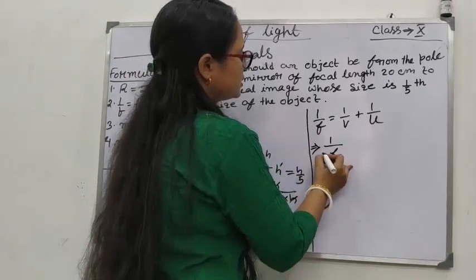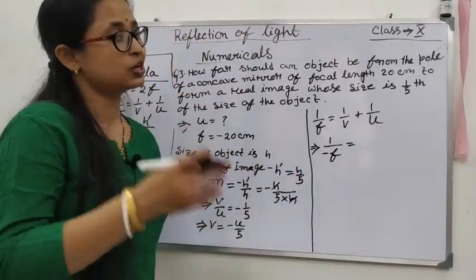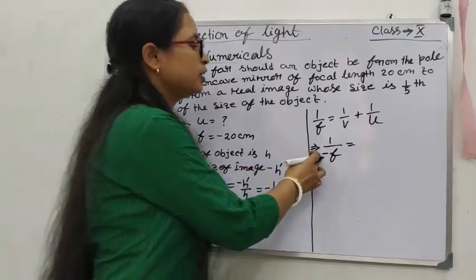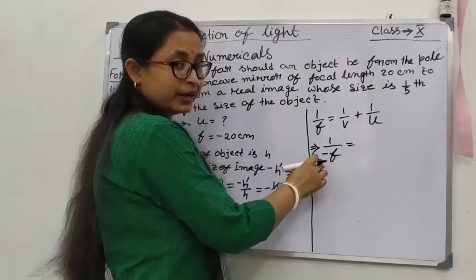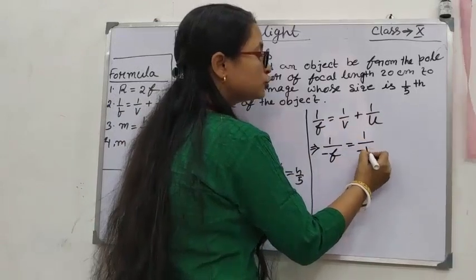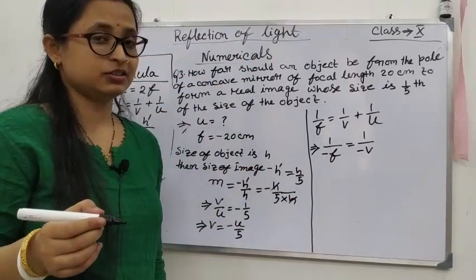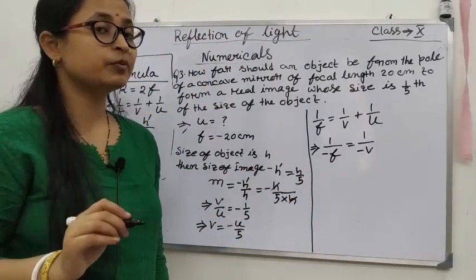It will be minus. Again, why did I put minus? Because it is a concave mirror, so it will be negative, as we explained in the previous numerical also. v is also negative here because it is a real image, and the image is diminished also.